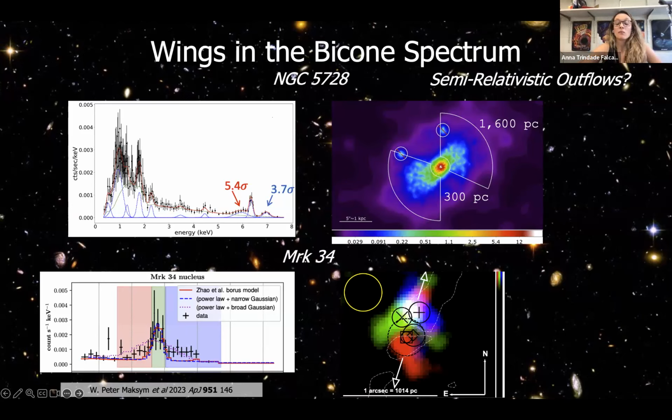But more than that, these features carry the ability to solve that very puzzling AGN feedback problem, in the sense that if these features are detecting the narrow-line region of this AGN with relativistic velocities, they could potentially carry a very substantial amount of kinetic power into the ISM, and they can be capable of perturbing and disrupting gas in the bulge of the galaxy, which will facilitate AGN feedback.